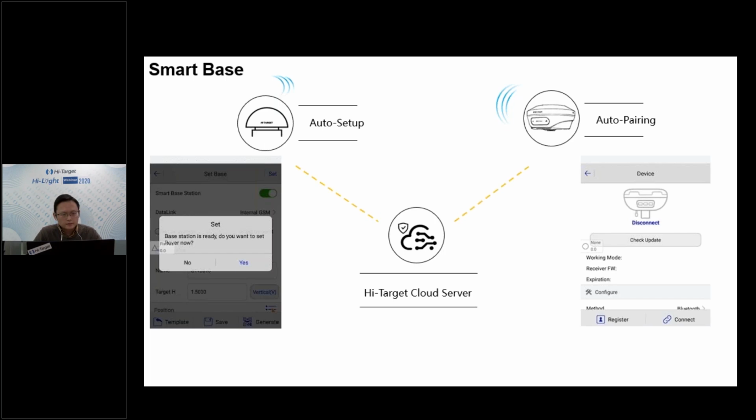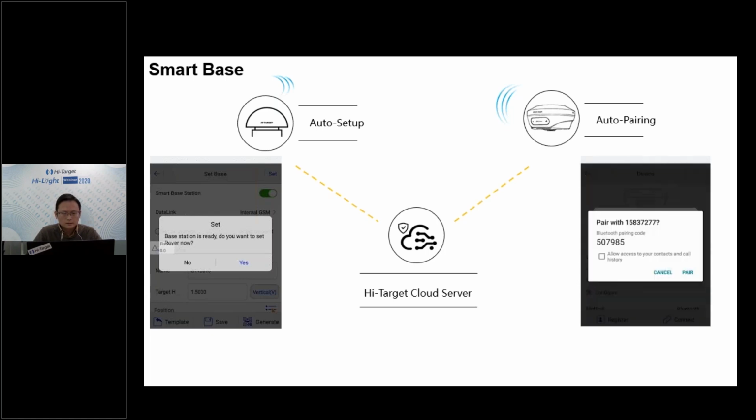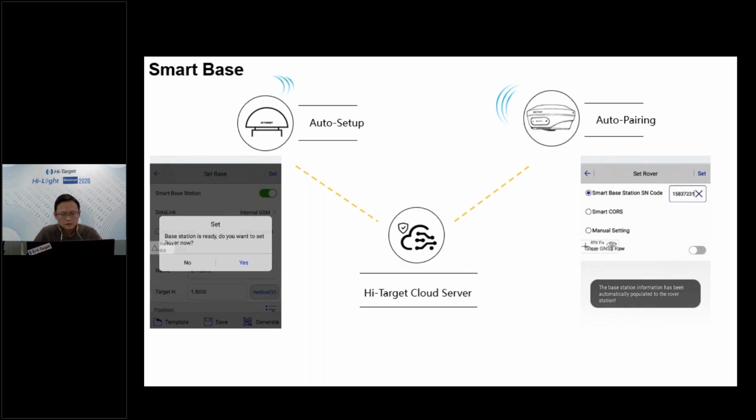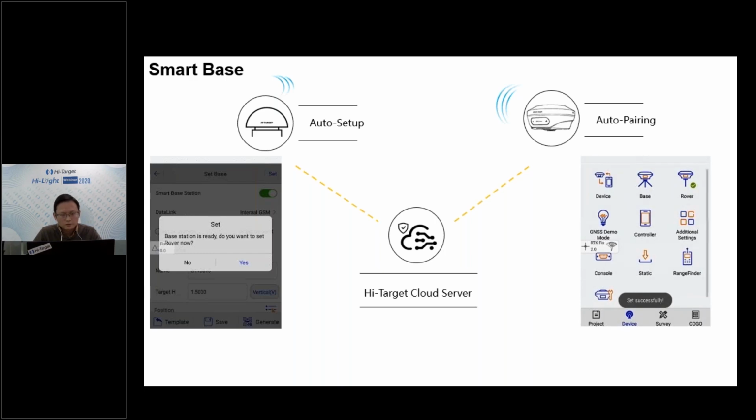After that, we go to the rover part. In the rover setting interface, just input the serial number of your base, and it will get a fixed solution.